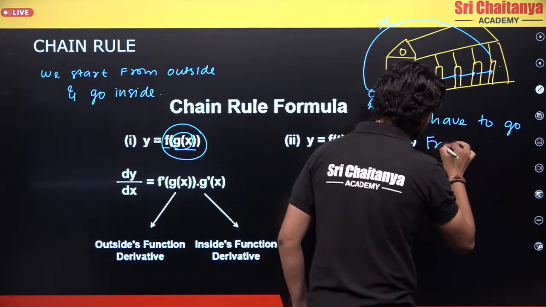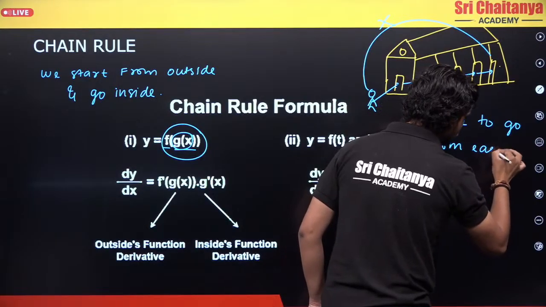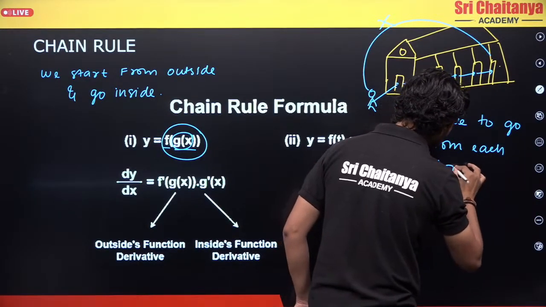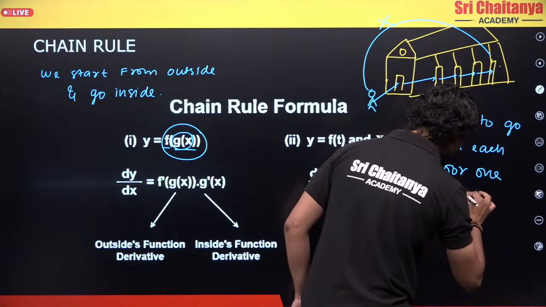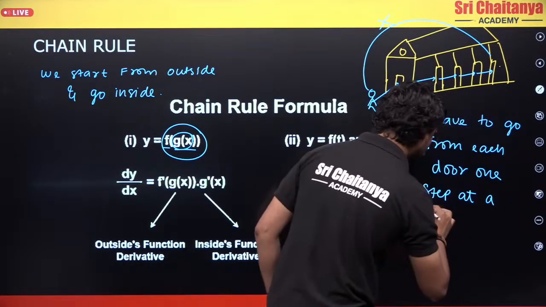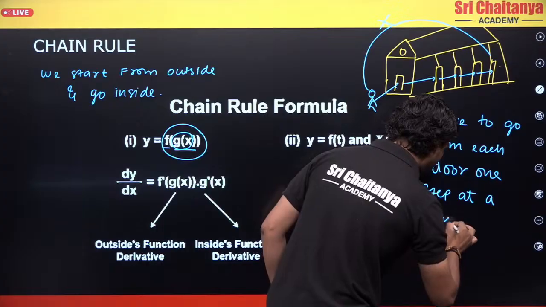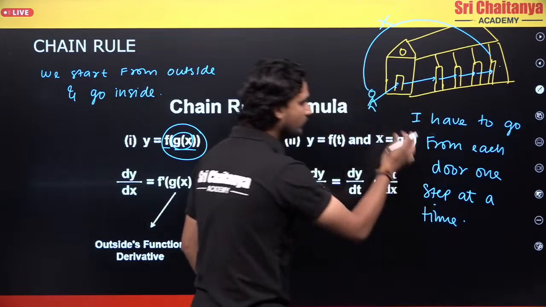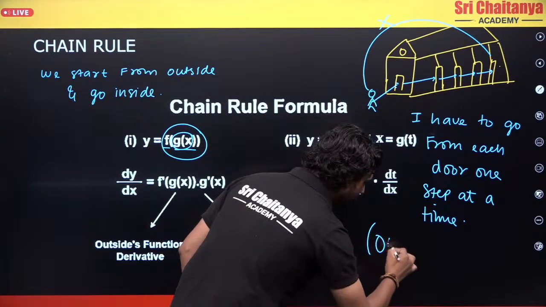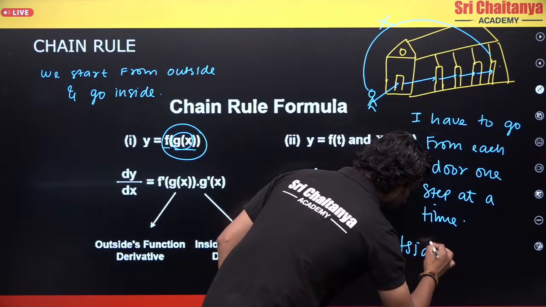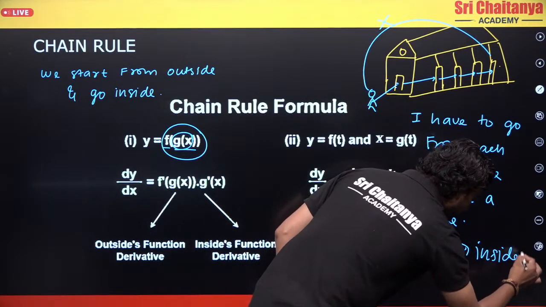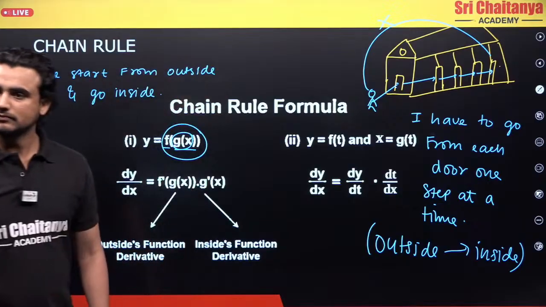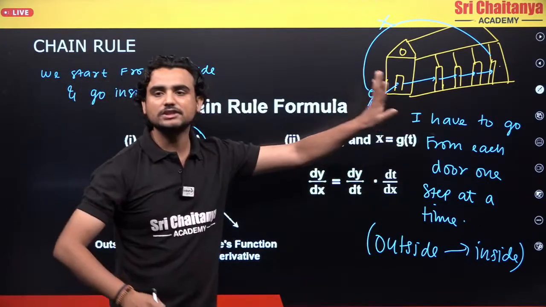I have to go through each door, one step at a time, and the way I'm going is from outside to inside. If you understand this, you understand the chain rule.